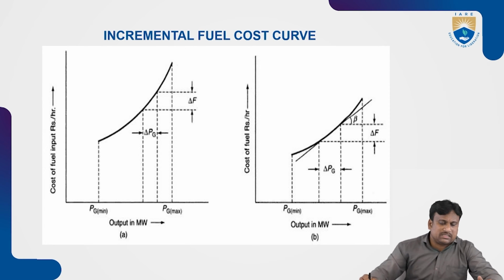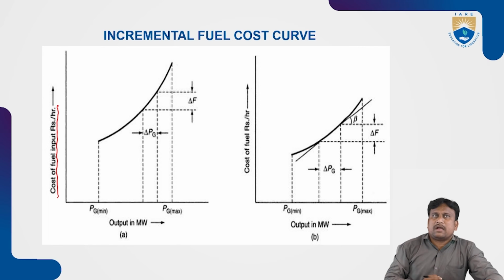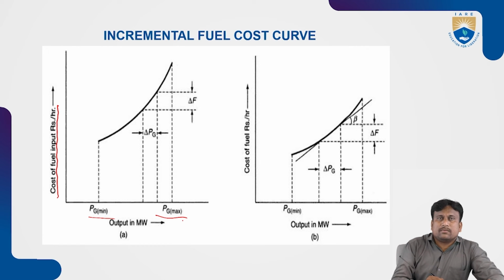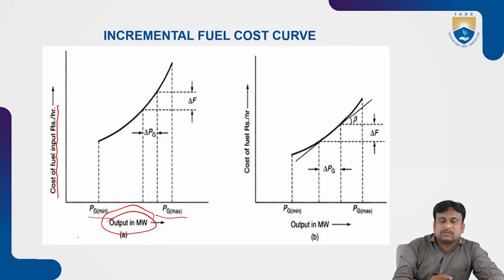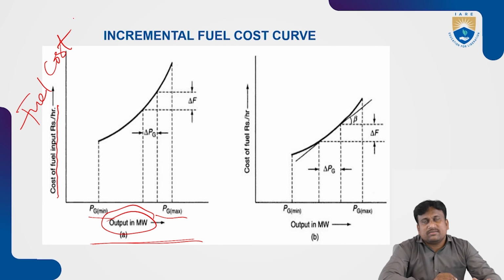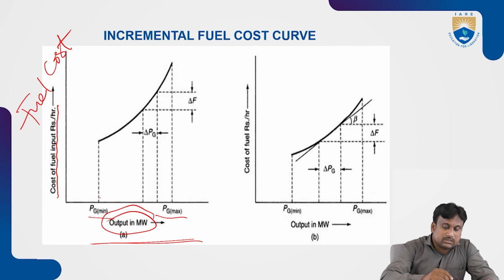So how they are represented: the cost of the fuel as input in rupees per hour, against the minimal to maximal power output in megawatts. How it varies is based on the fuel cost in the input section, in rupees per hour, and it changes gradually from here to here.